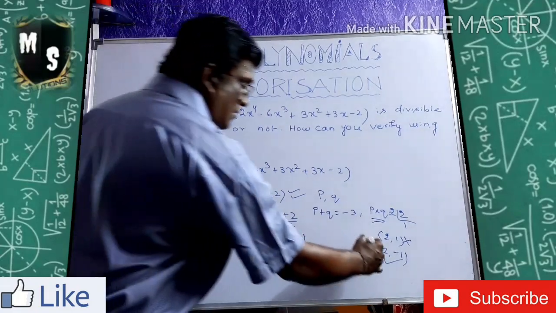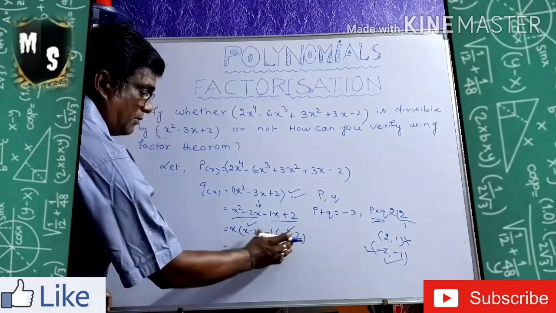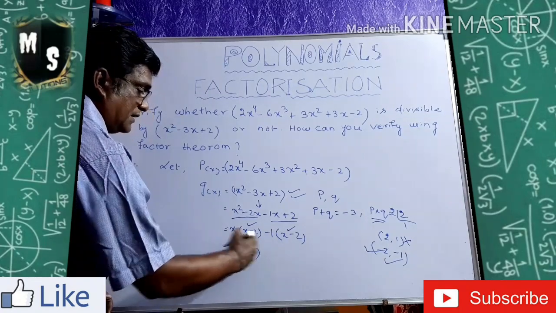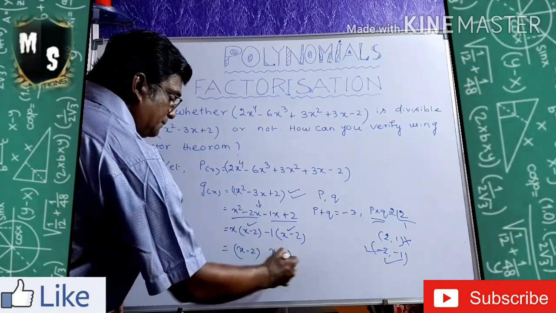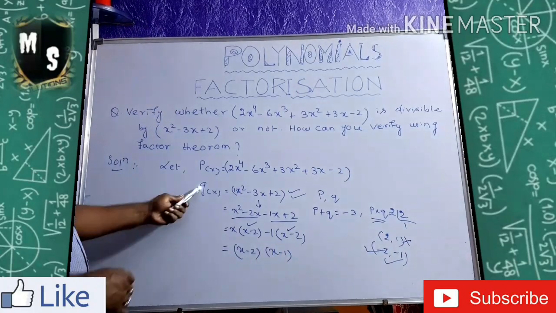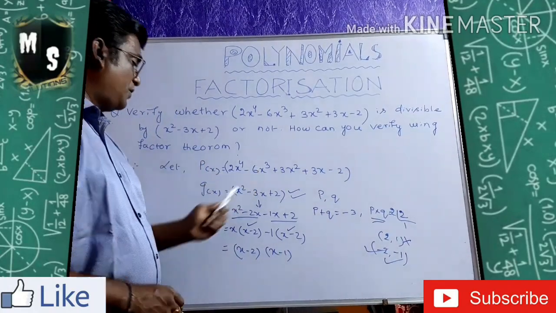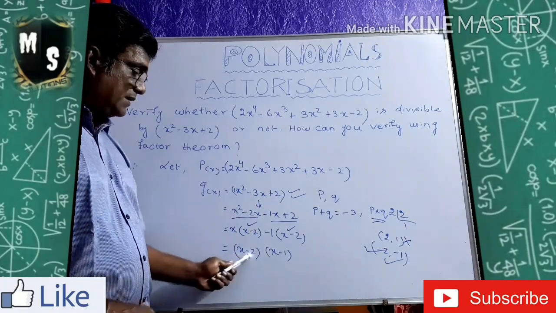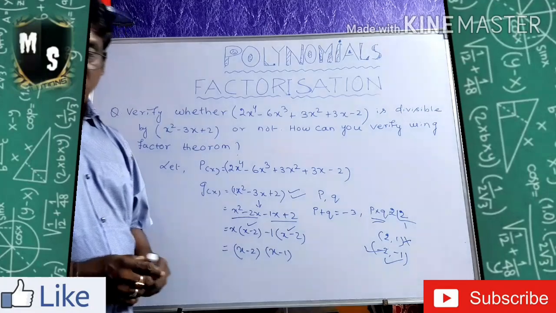My factors are perfect. So now take common from these two. What is common? That is x minus 2 taken common. What is remaining? x minus 1. So now you see, my g(x) polynomial has been factorized into two factors, that is x minus 2 and x minus 1. What should you do now?